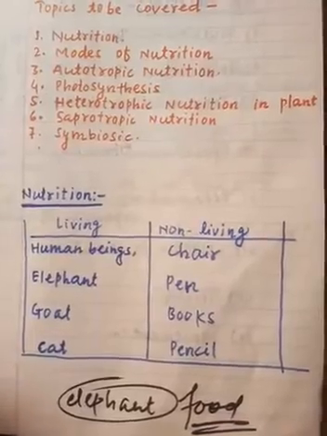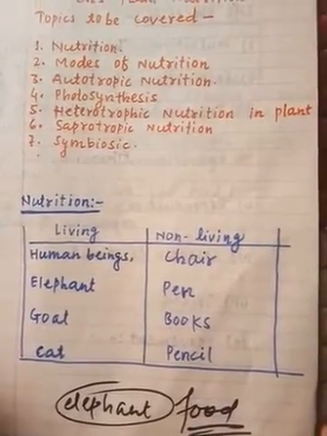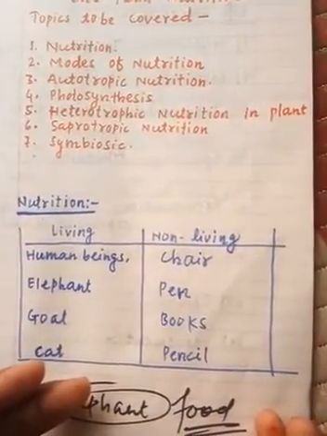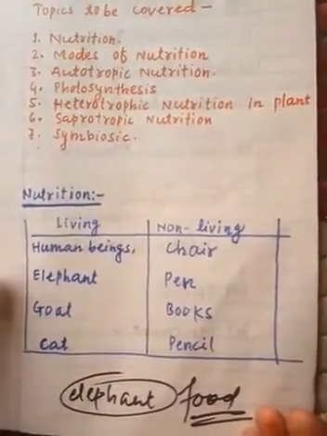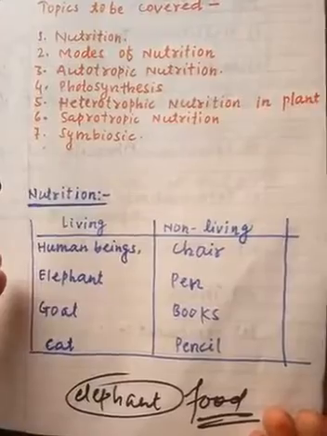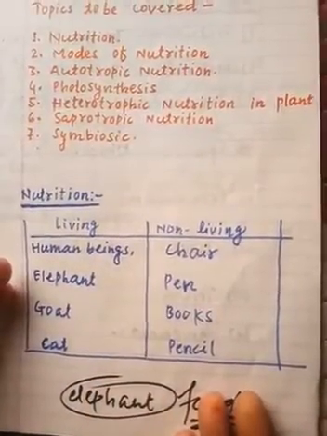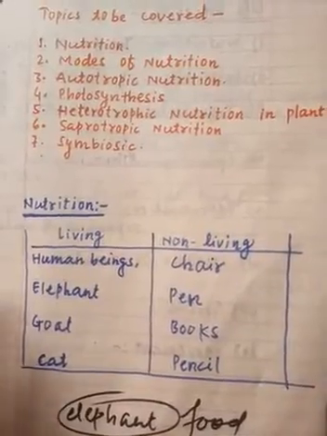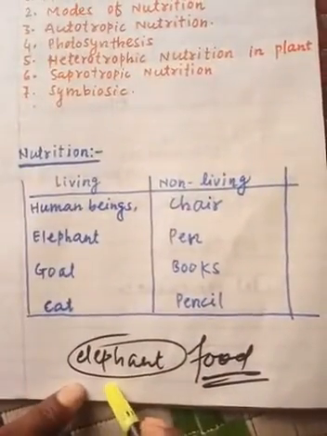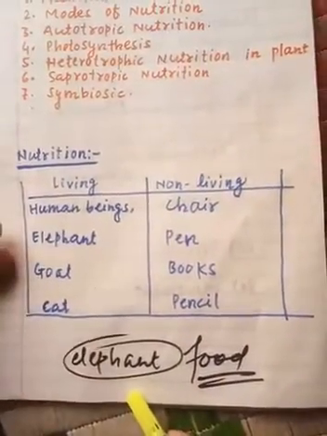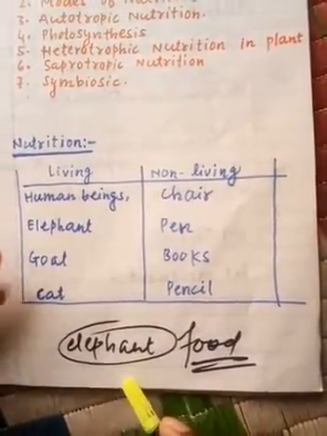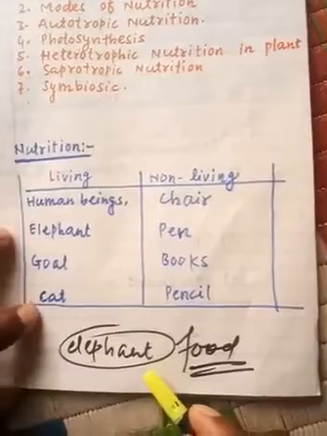Now, on the basis of which factor are you differentiating these two groups? What is the basic thing by which we distinguish these two groups? To understand it, I have taken the example of an elephant. Not only the elephant, any other living organism can also be taken in its place.